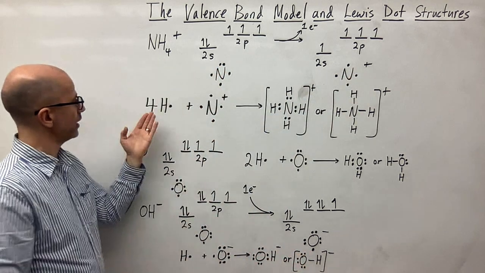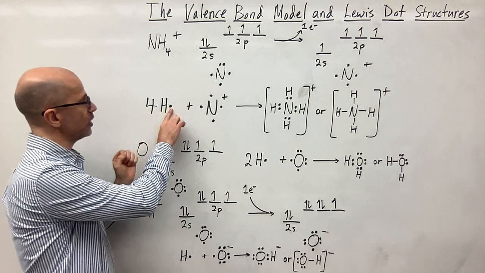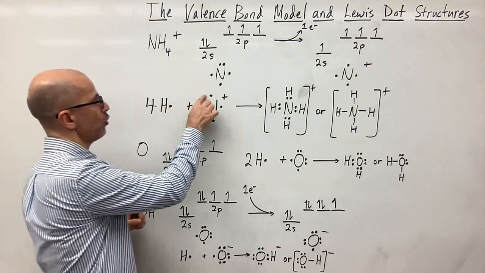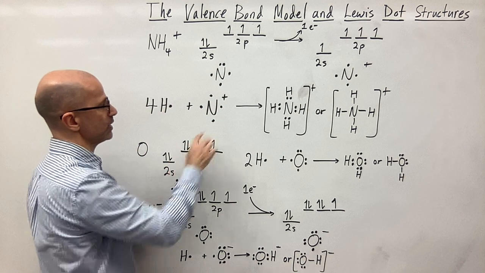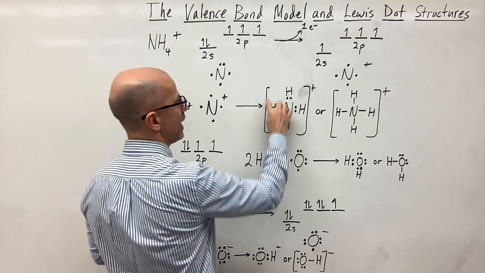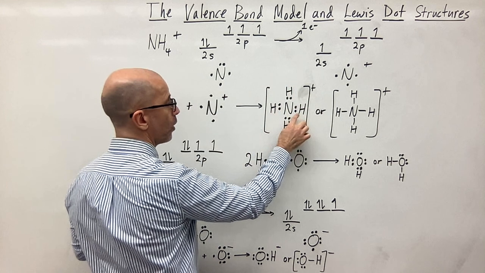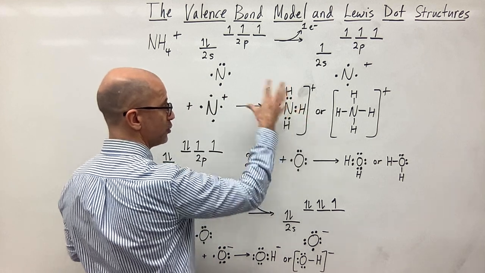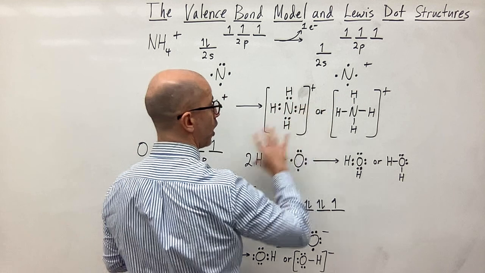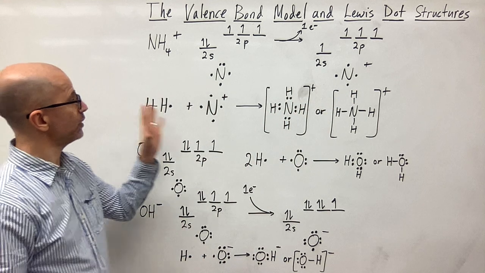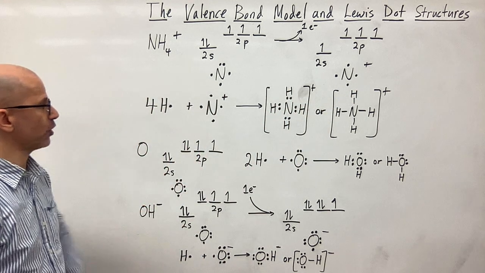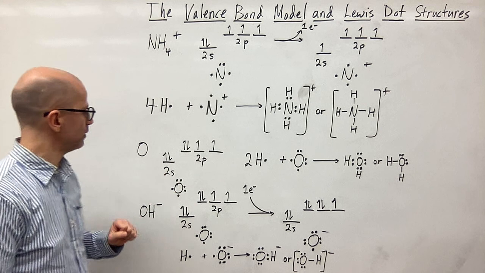So now you can take 4 hydrogens with their unpaired electrons, pair those up with each of the unpaired electrons here, and now you get the 4 bonded hydrogens to your ammonium with a plus charge. So it's as if nitrogen lost an electron in order to form that Lewis dot structure.